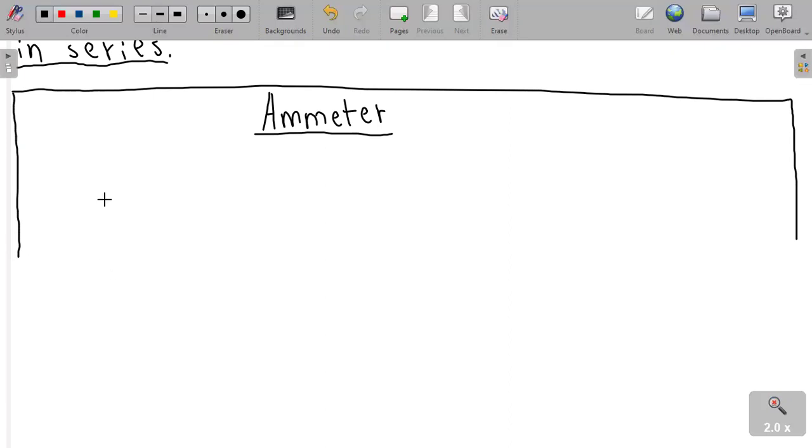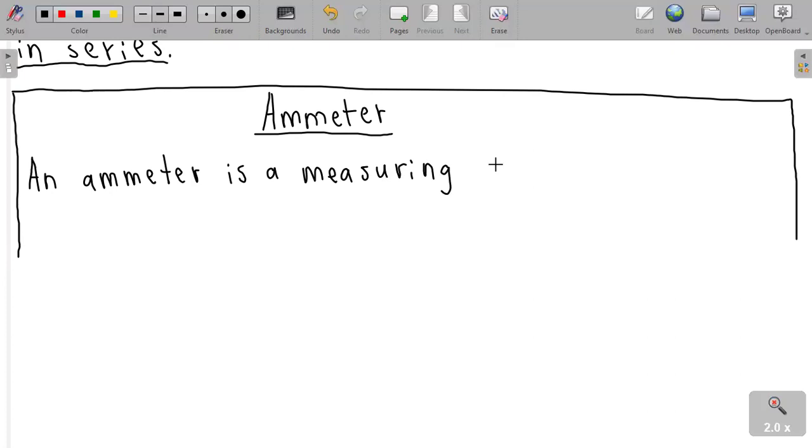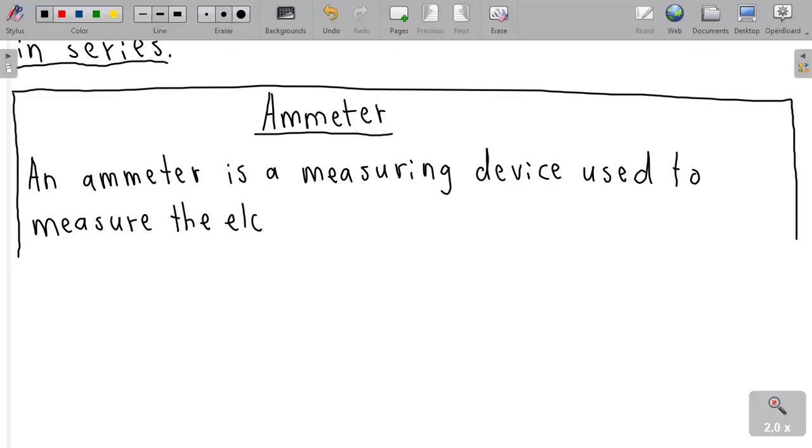We define it this way: an ammeter is a measuring device used to measure the electric current in the circuit.